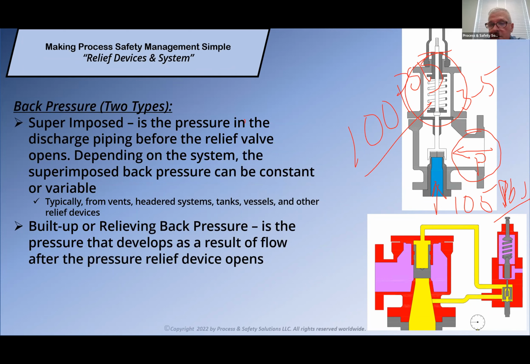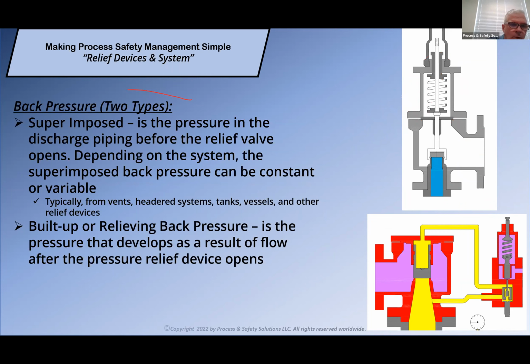That would be a code violation if the valve was not designed such that it would relieve at MAWP. So if the MAWP is 100, that valve must be designed to lift at no greater than the MAWP. So that's why understanding what your back pressure and superimposed back pressure really is matters.